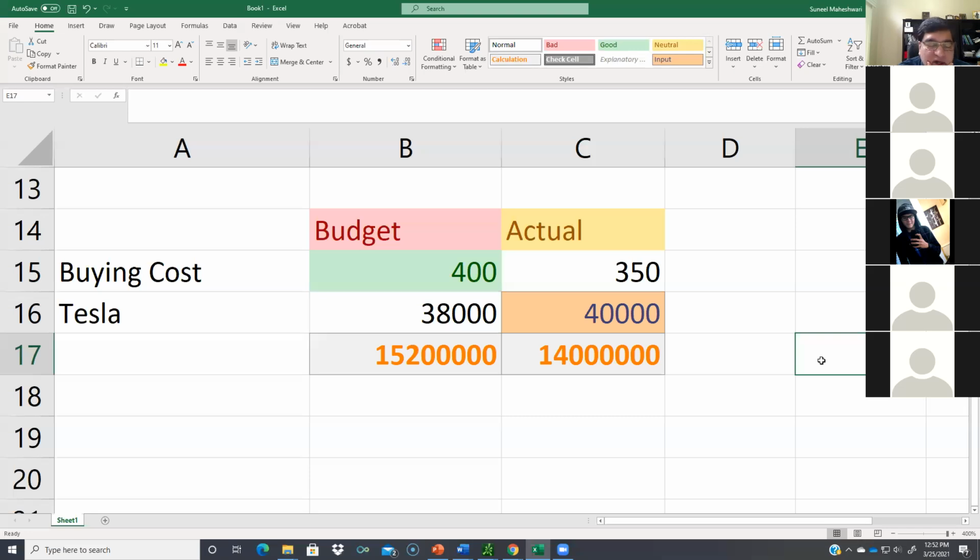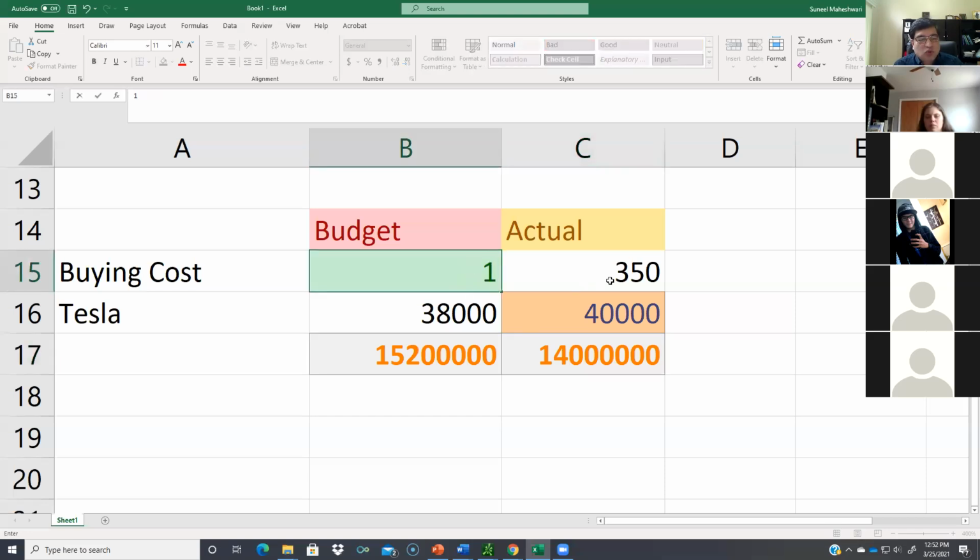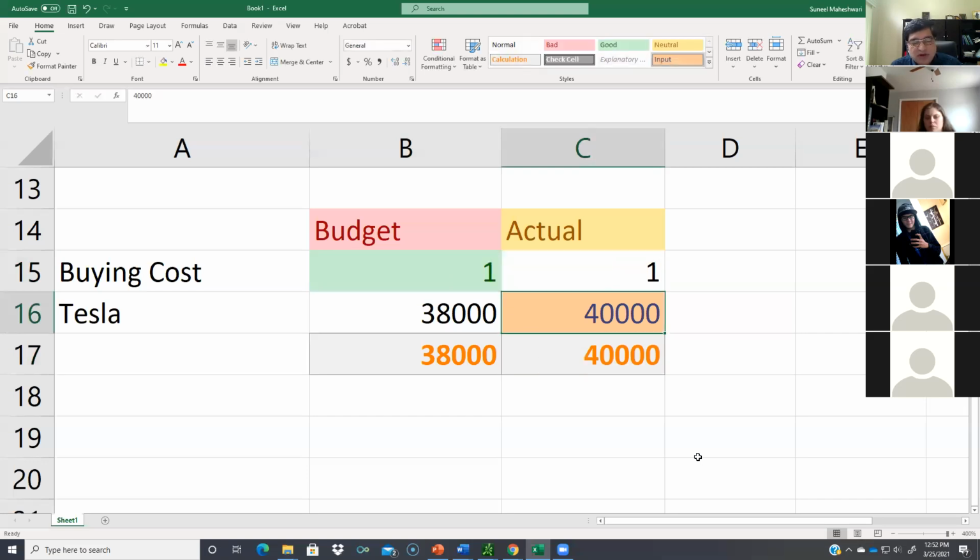If I compare it, I was going to spend $38,000 only, but I spent 40,000, but overall I spent less. If I was just doing one car, and you think we saved money here, then even if it was one, it should be favorable for me, right? But it is not.